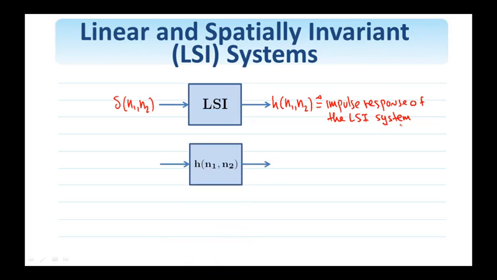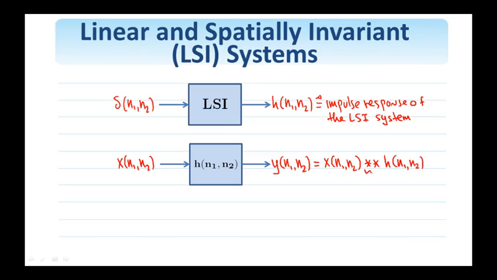Knowing the impulse response, I can completely describe the system, which means for any input x[n1,n2], I can find the output of the system, and this is equal to the convolution of the input with the impulse response of the system.